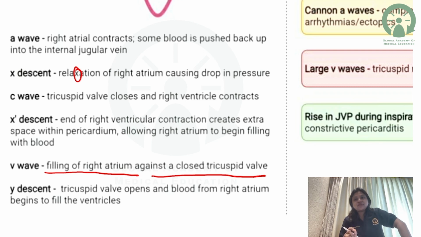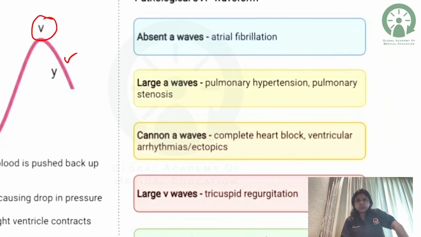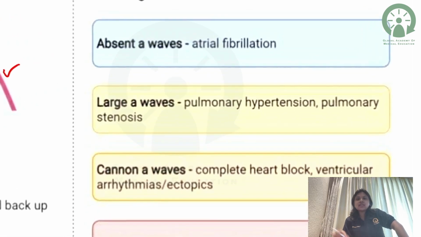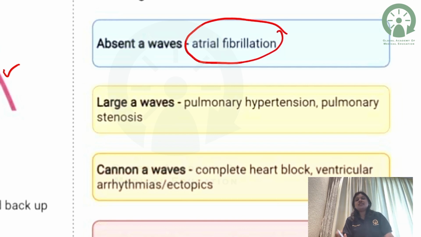Now coming to some very salient important points regarding the pathology of JVP. So pathological JVP waveforms, first we are going to do absent A waves. So A wave is basically because of contraction of the right atrium, and if there is absent A waves, it is suggestive of atrial fibrillation. So absent A wave is found in atrial fibrillation.